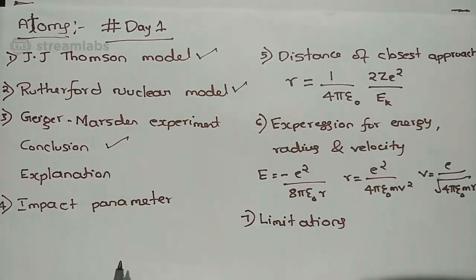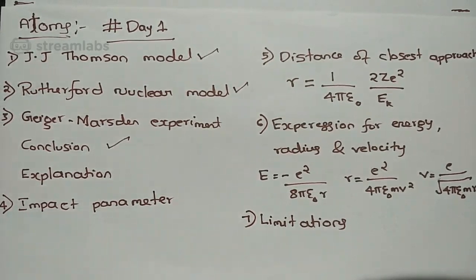graph. So in that, the 3 important conclusions: more than 99% of the alpha particles pass without scattering, and only 0.14% of the alpha particles are scattered by an angle more than 1 degree.